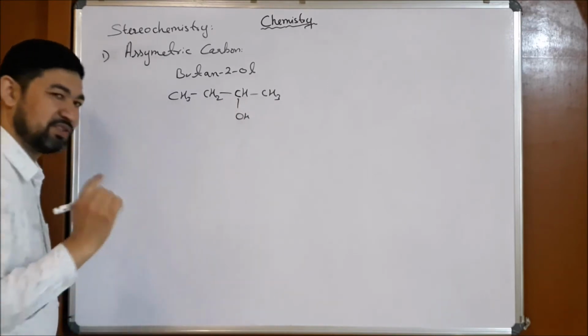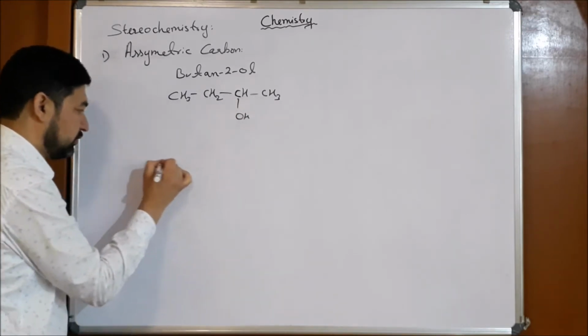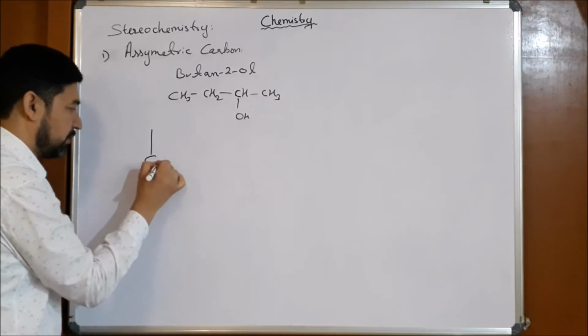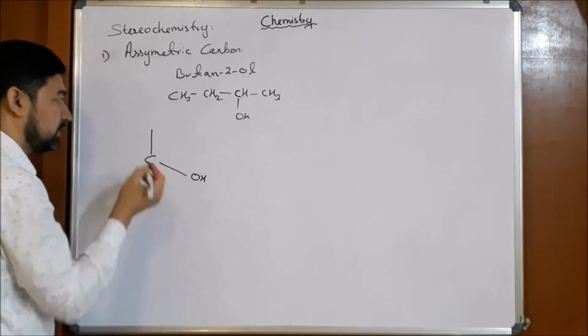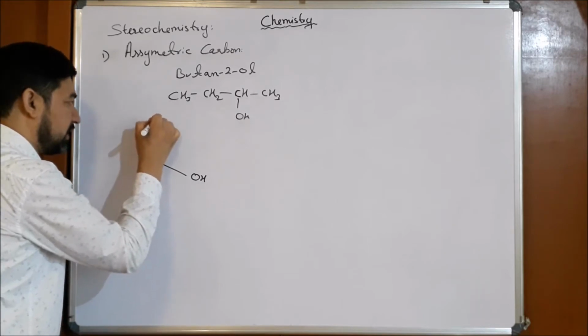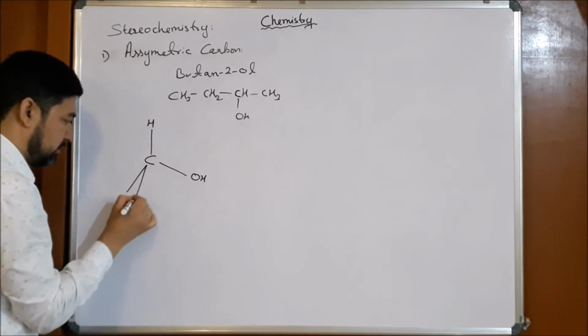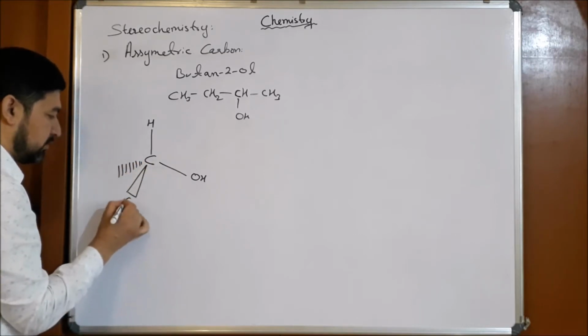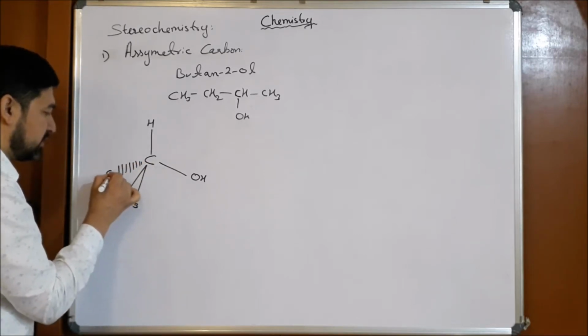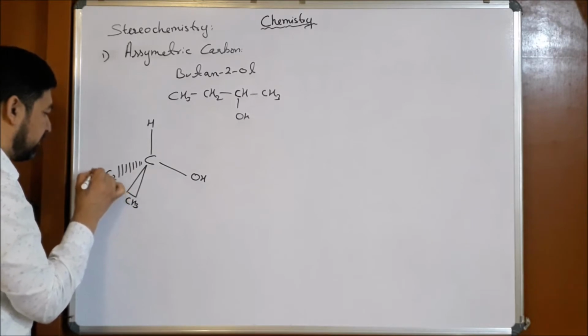So I'll draw the 3-dimensional diagram now. I'll place C here, OH here, H here, and the next 2 like this. I'll place CH3 and C2H5.